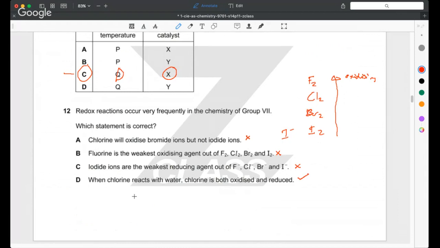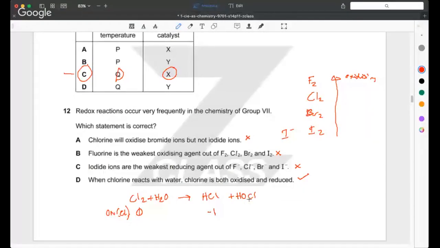Chlorine reacts with water, yep. And when it does that, it makes hydrochloric acid and chloric(I) acid. And you can see here, if you write down the oxidation number of chlorine, the oxidation number of chlorine there is 0, isn't it? Here, the oxidation number of chlorine is -1, because hydrogen is always +1.